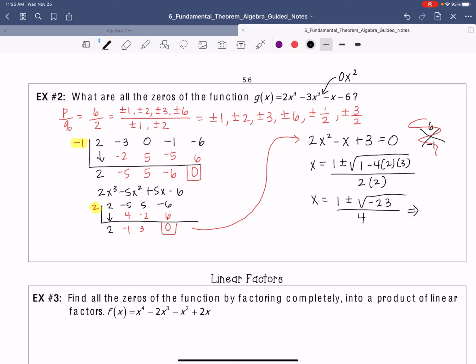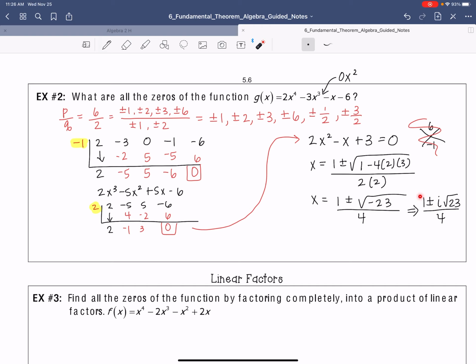So this becomes 1 plus or minus i square root 23 over 4. I always recommend that the i comes in front of the square root because some of you will put it at the end and then your radical will cover it, which is incorrect. So bring the i out front, and there we are.